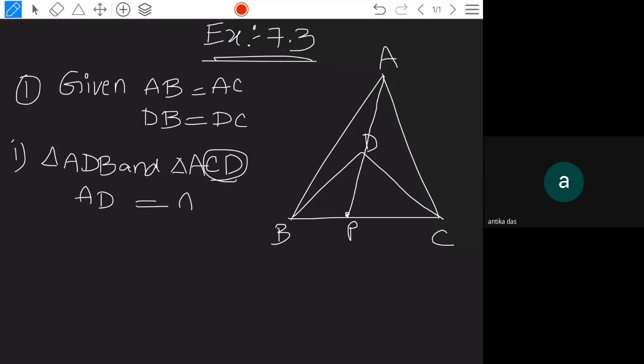But whenever I write the triangle name, I can write it in any way, it's not wrong. But whenever you write congruencies, ADC should be written here actually. Individually, whenever you write the triangle, you can write it in any way, but to avoid confusion, better you write both in the same way.